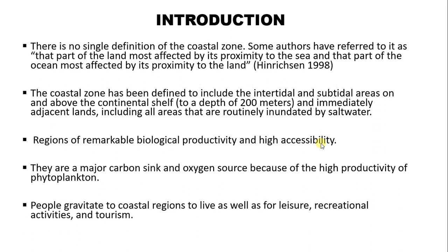Now, what you also have to know is that at the coastal zone, people congregate, people gravitate, because a lot of things happen at the coastal zone: leisure, recreational activities, tourism.